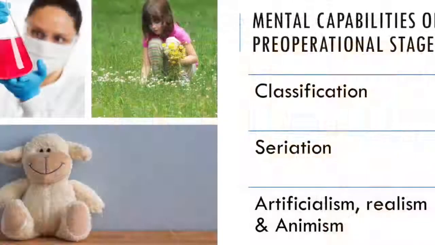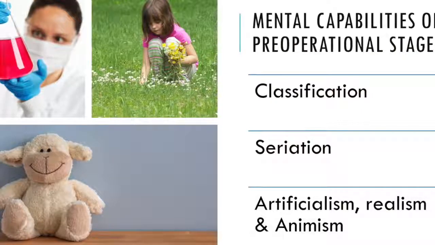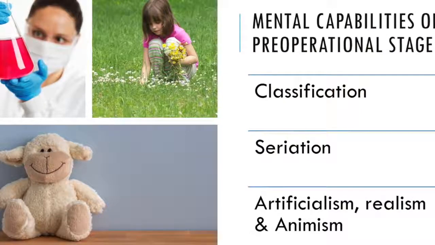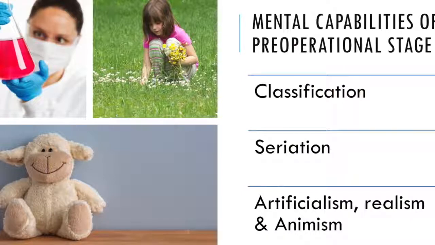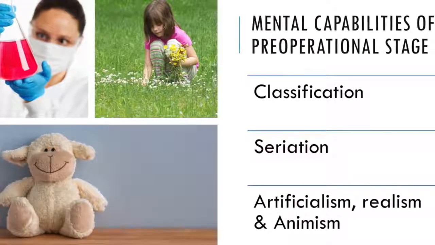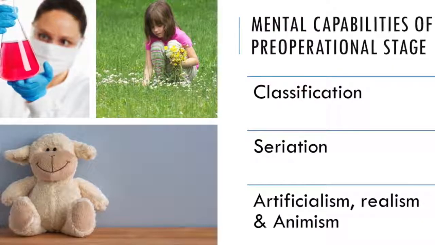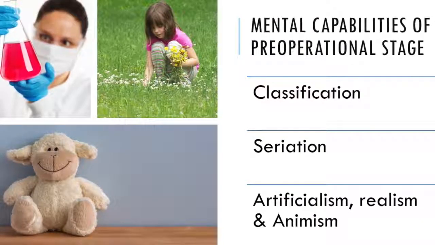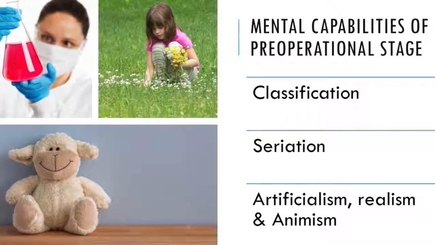Mental capacities that emerge from this period of time include classification, which is where objects are grouped into categories, sets, and subsets. Also seriation, which occurs where stimuli are mentally ordered along a quantitative dimension.